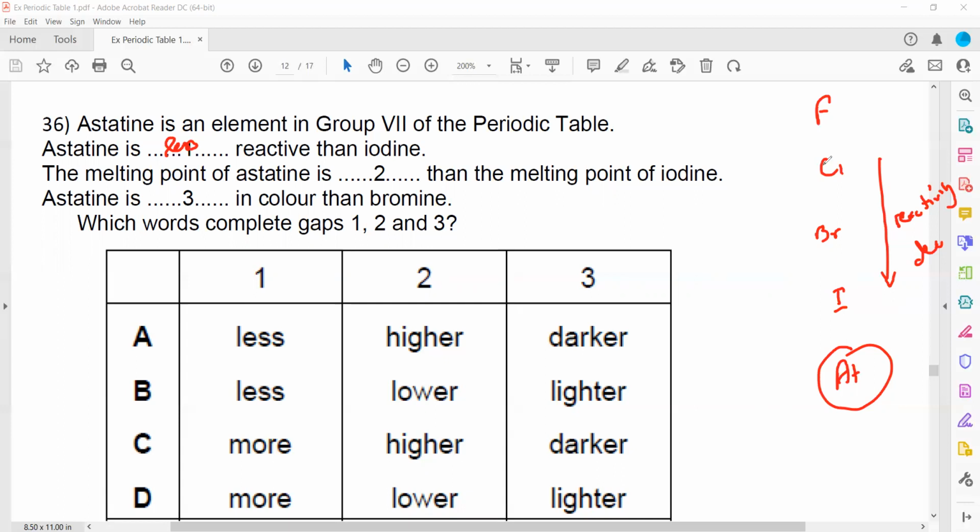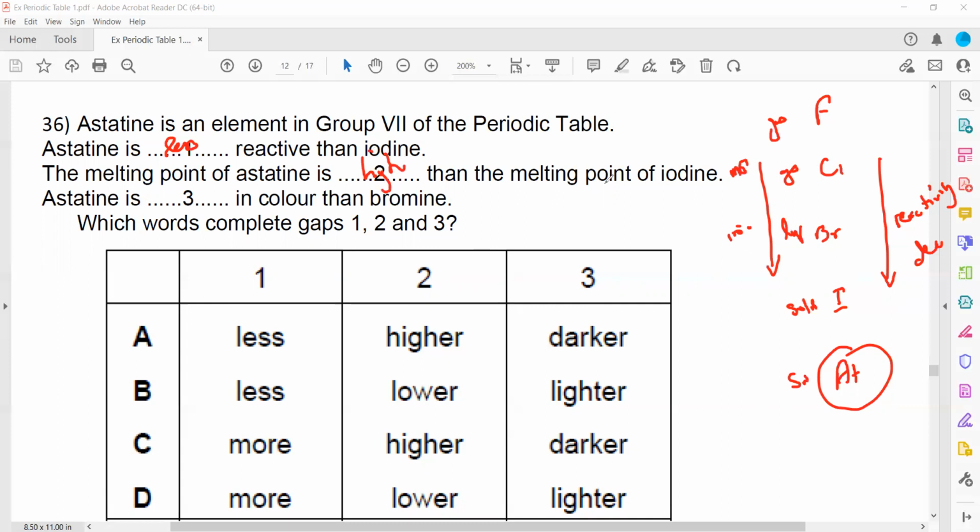The melting point, as we go down: the first two are gases, then chlorine is a gas, bromine is a liquid, iodine is a solid, and astatine is also a solid. So the melting point increases as we go down. So astatine's melting point will be higher than iodine's.